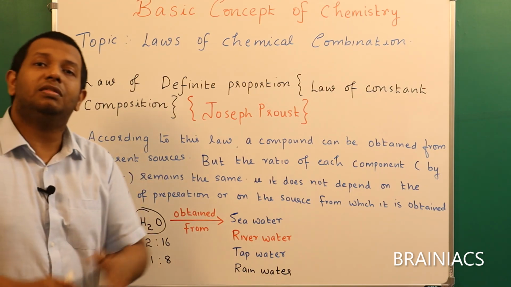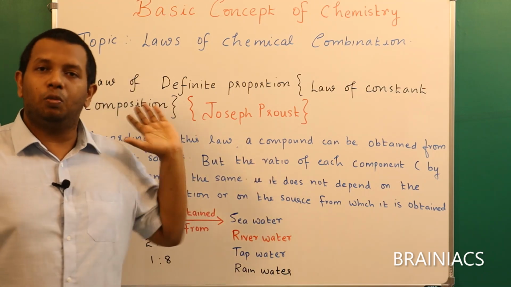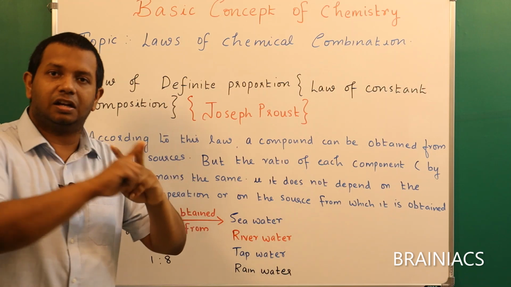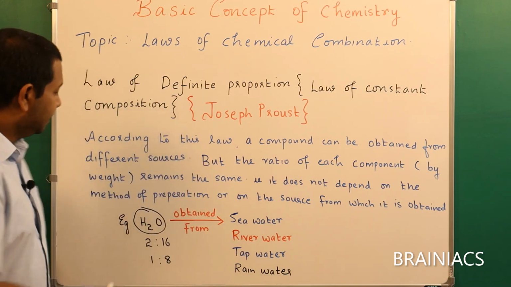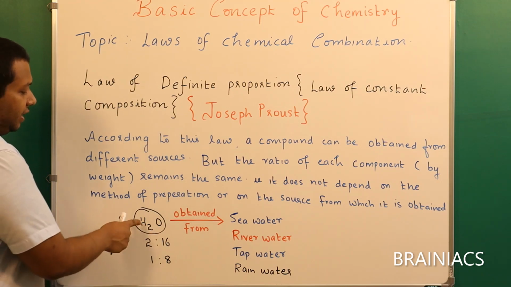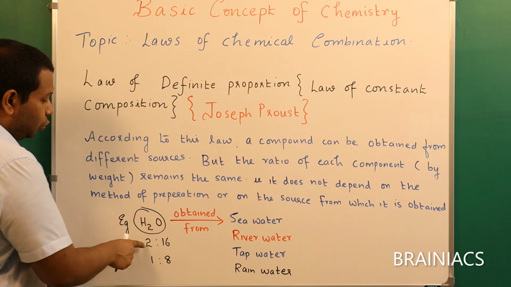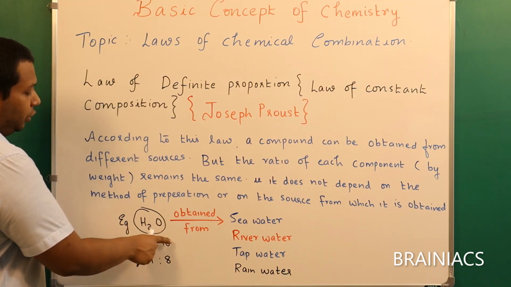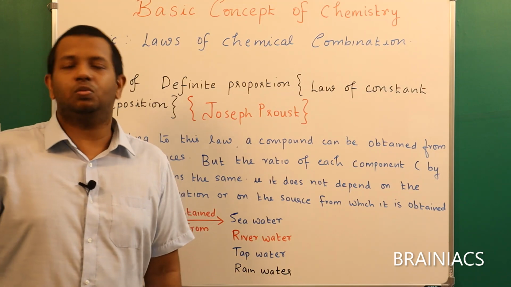That means irrespective of the source, it will always consist of fixed elements, hydrogen and oxygen. And also the mass with which they are combining: in H2O, hydrogen is 1 gram, so 2 hydrogens is 2, and oxygen is 16, so 2 is to 16, that is 1 is to 8, a fixed ratio. This is what they are telling.